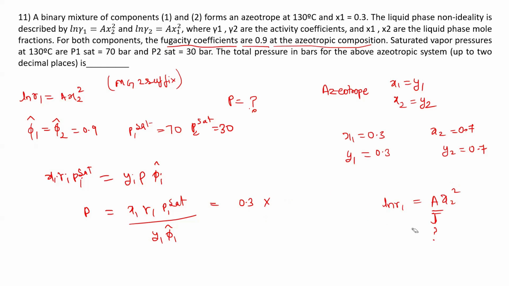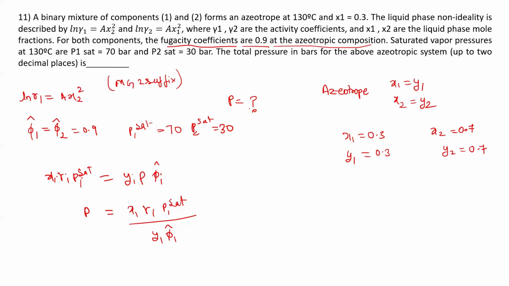So we'll first look into how to find A. If I come up with gamma 1 by gamma 2, from this equation gamma 1 is equal to y1 P phi 1 cap by x1 P1 sat, and these are both equal in the azeotrope case.